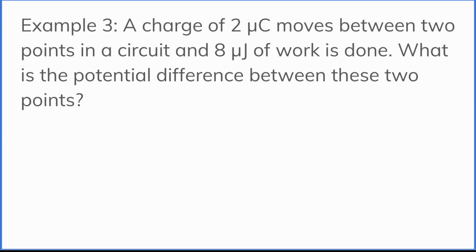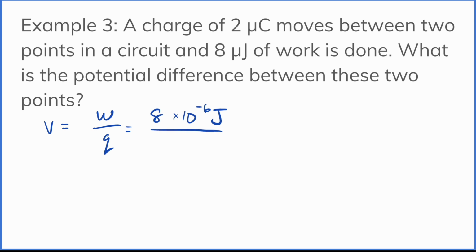A charge of 2 microcoulombs moves between 2 points in a circuit, and 8 microjoules of work is done. What is the potential difference between these 2 points? As I mentioned with the voltmeter, that's what we're trying to do when we find potential difference. We're trying to find the difference of energy between 2 points. And we know that V is equal to the work done over Q. The work done here is 8 microjoules, which is 8 times 10 to the negative 6 joules.